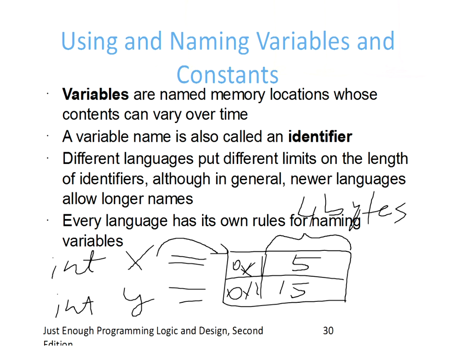So the data type matters, and then we need to know what data type we are pointing to. Kind of like a drawer, right? You have a drawer for socks, and you can only store socks in that drawer. Somebody comes in and tries to store shirts in that drawer, and you're going to say, no, you can't store that. This drawer is only for socks.